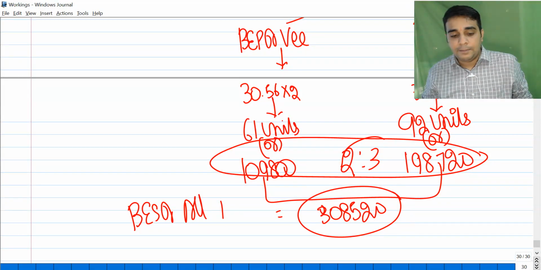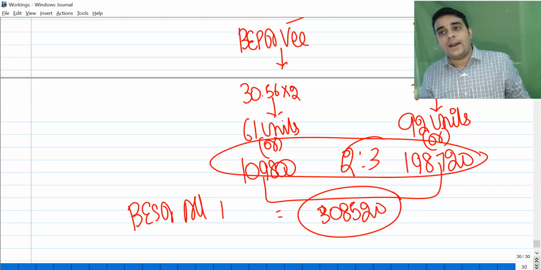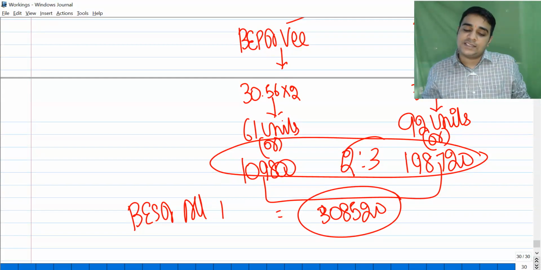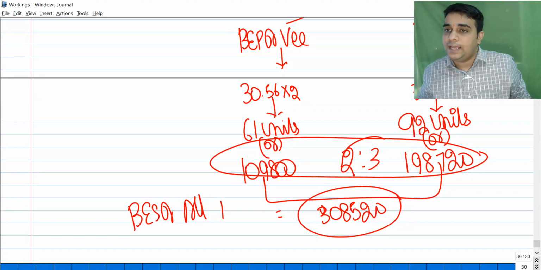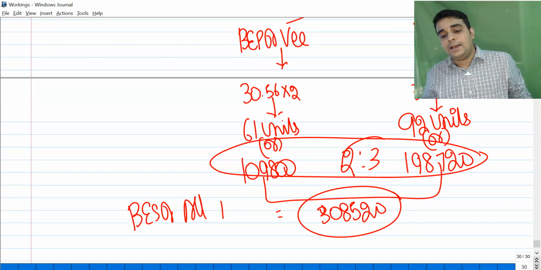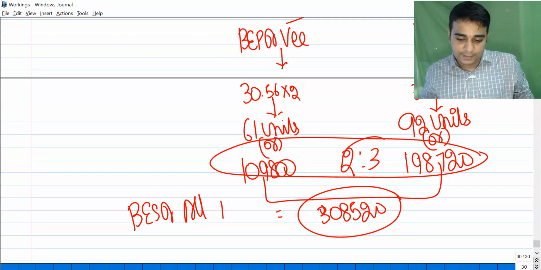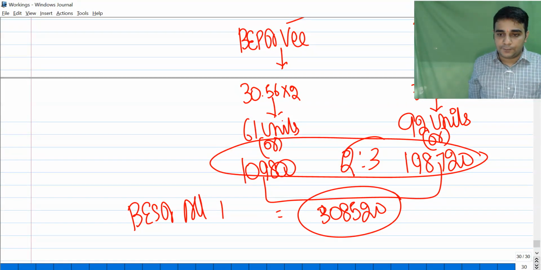61 units has a value of 1,09,800, 92 units has a value of 1,98,720. Overall put together values 3,08,520. Calculate break even point of alternative 2 quickly. Do BEP of alternative 2, same approach.